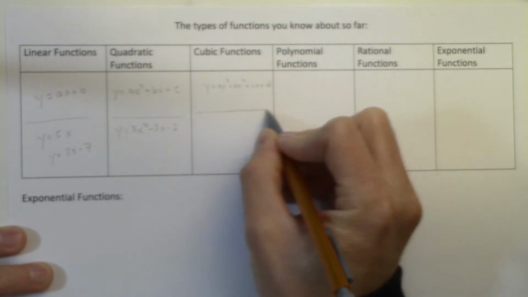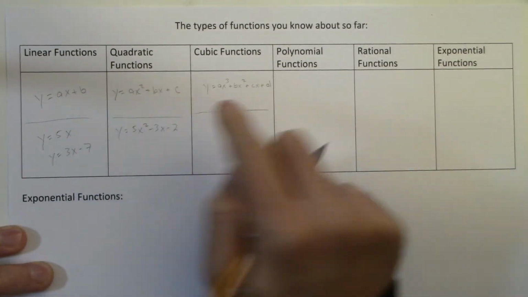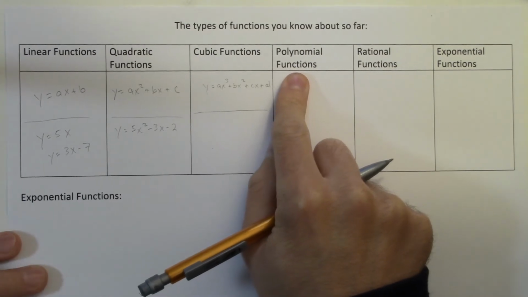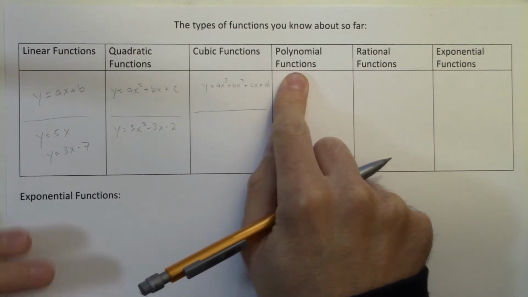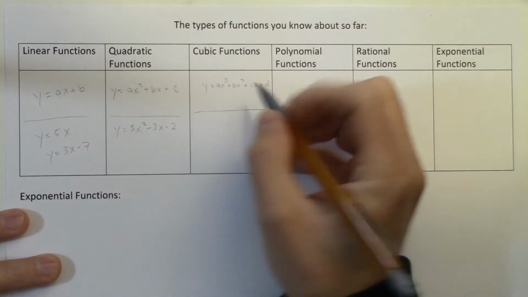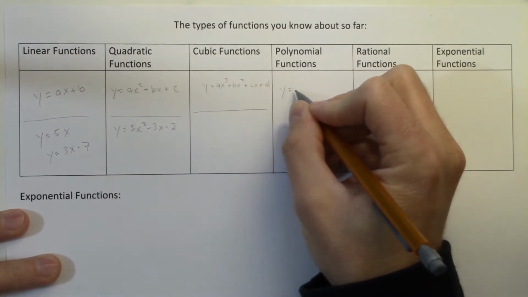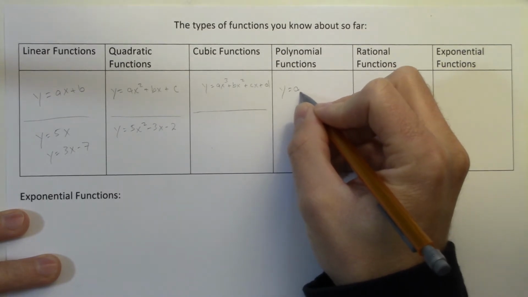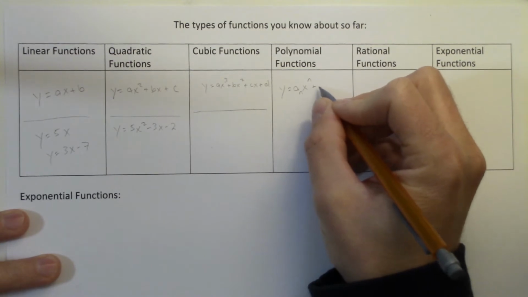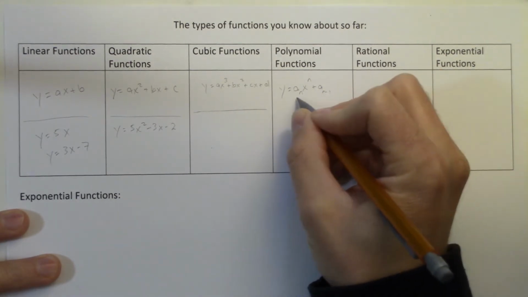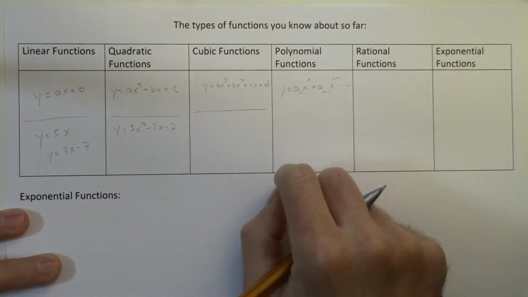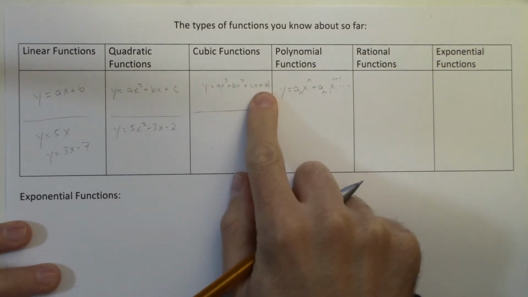And eventually we recognize a pattern where we're just going to get more and more terms, right? So that's where polynomial functions came in, and we studied that before, where instead of just writing the actual numbers here, we had a sub n times x to the n plus a sub n minus 1 times x to the n minus 1, and we went on and on, and we would end with just some value at the end.